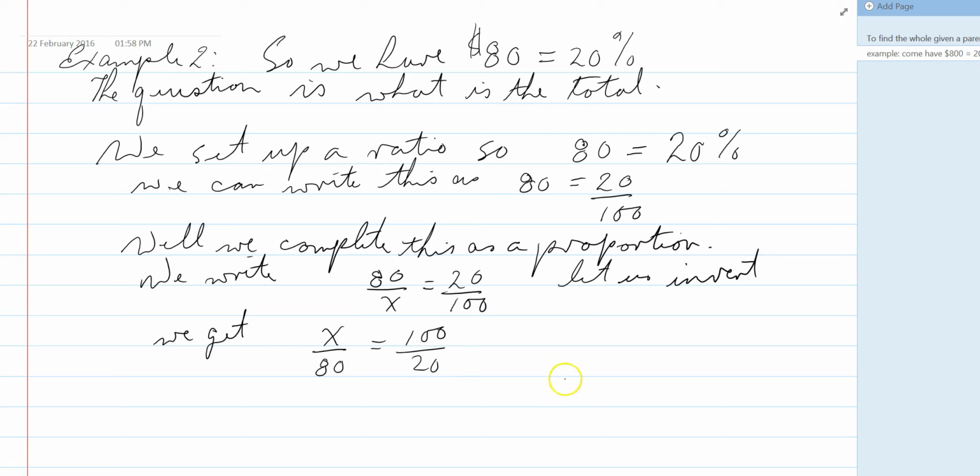Solving for x means to multiply both sides by 80. So this gives us x over 80 times 80 is equal to 100 over 20 times 80. Whatever you do on one side of the equation, you have to do on the other.